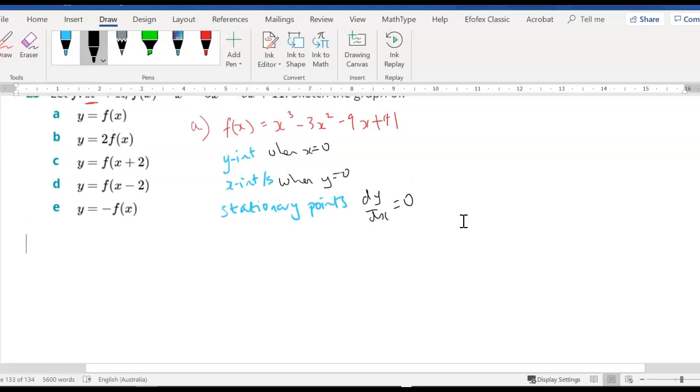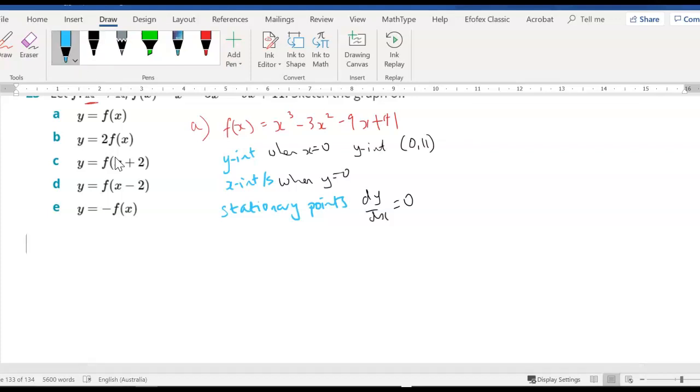So the y-intercept is easy because it's in polynomial form. It's just going to be 11. So your y-intercept is at (0, 11). I can read that straight from the equation. Let's go and do the x-intercepts first.